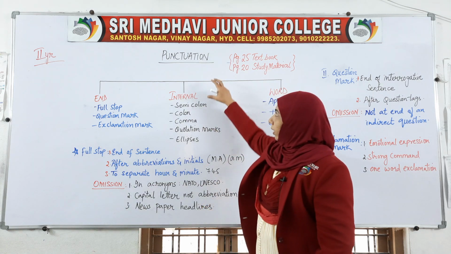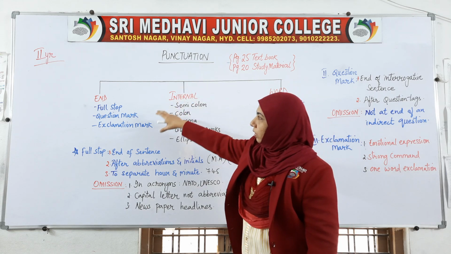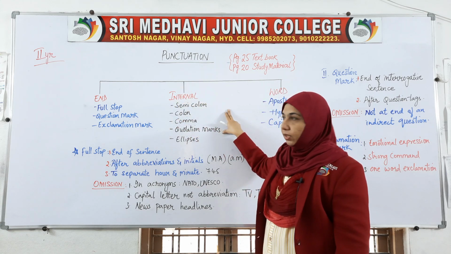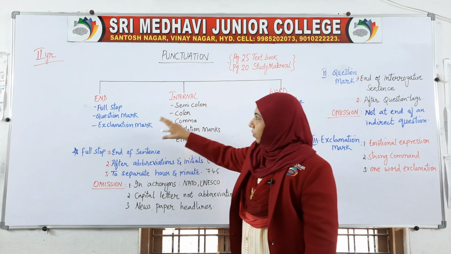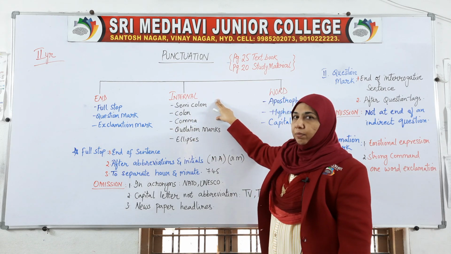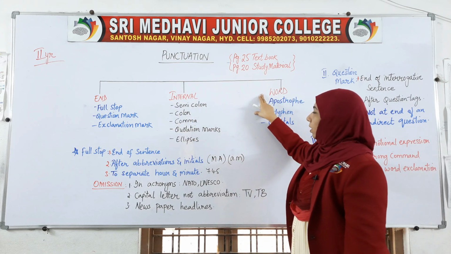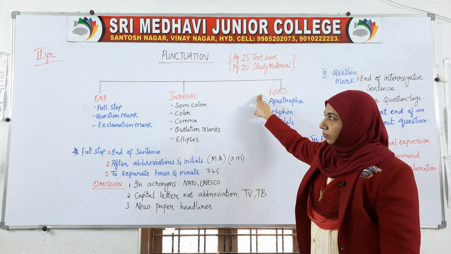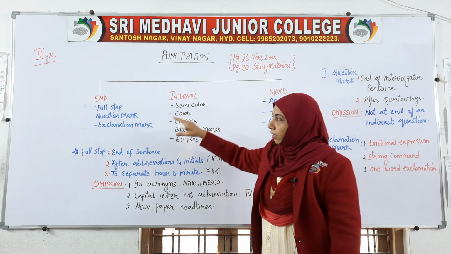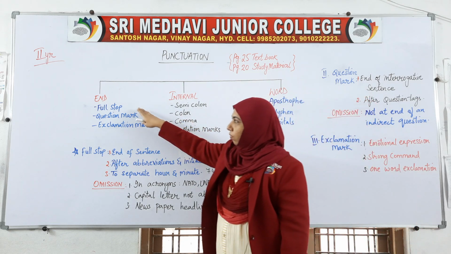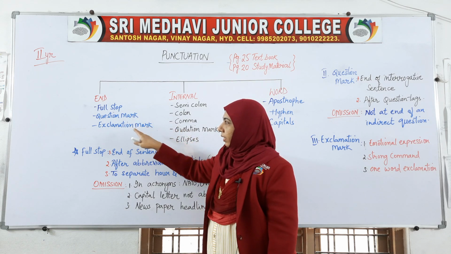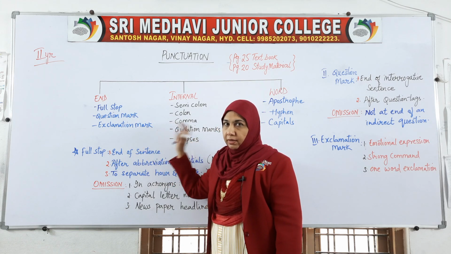Now we'll go ahead with the explanation of punctuation, divided into three categories: end punctuation, internal punctuation, and word punctuation. In end punctuation we have the full stop, question mark and exclamation mark.